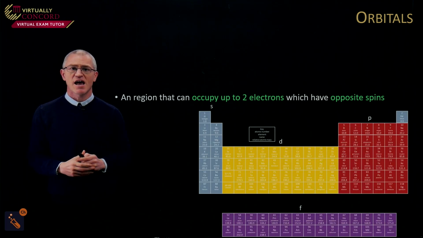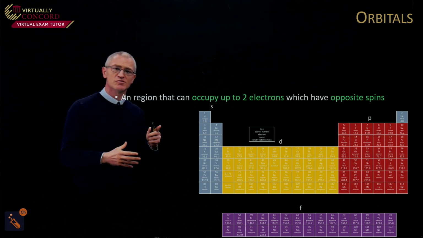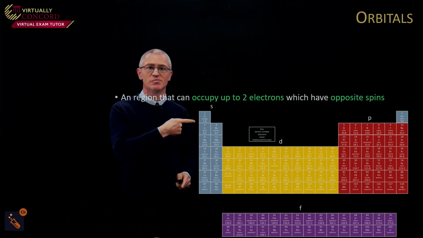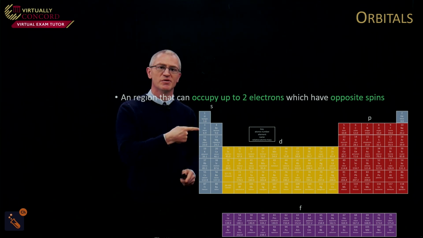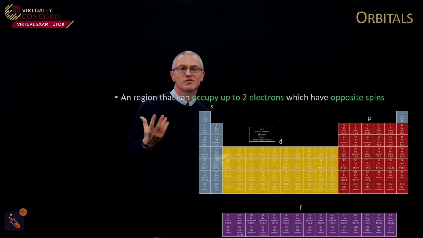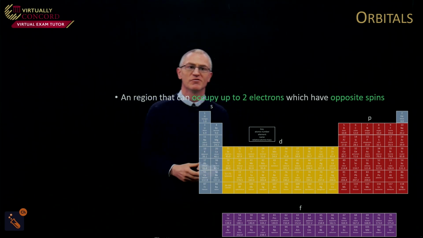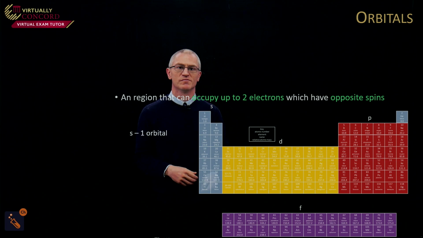Let's work out how many orbitals you would have per period. So if we look here at s, we can see there's 2 boxes per period. That means there's 2 electrons added per period, which means we can have 1 orbital.